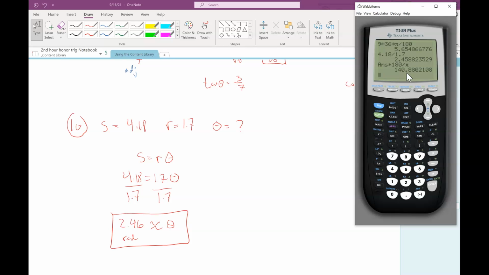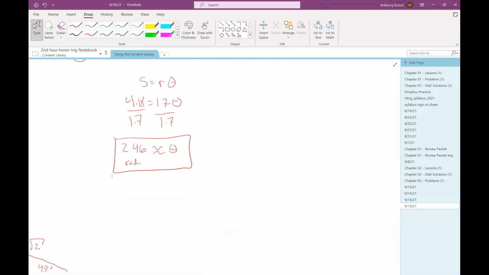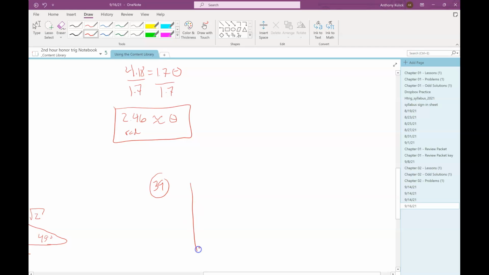39. Okay. So 39, we're given a right triangle and asked to find a specific part of it. So I'm just going to go ahead and skip to filling in the values.